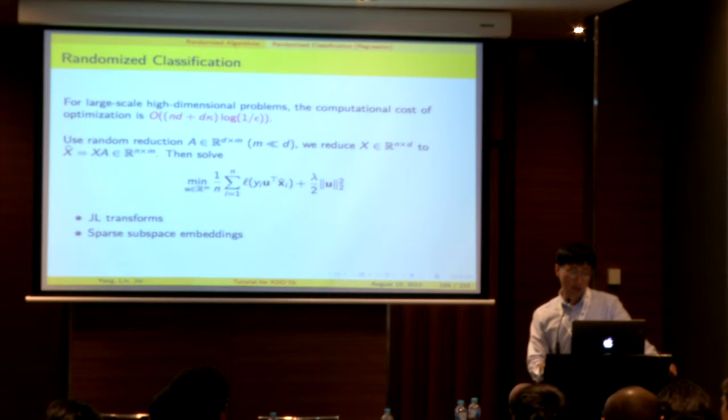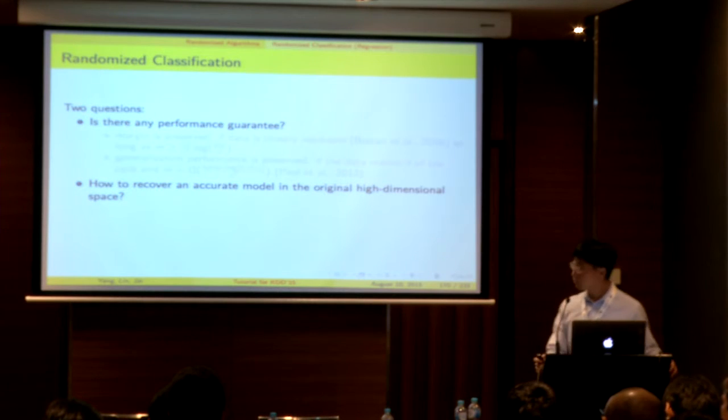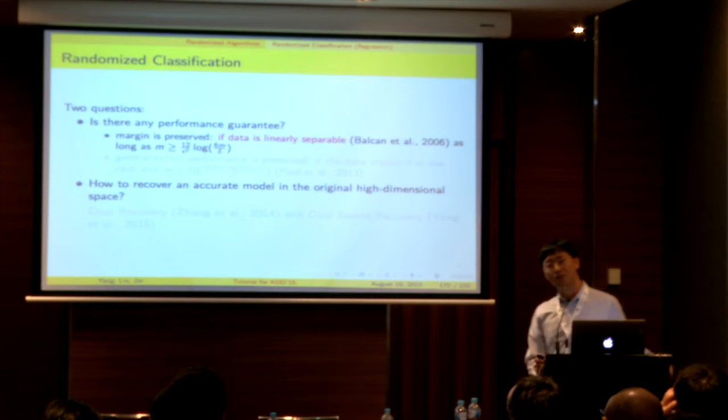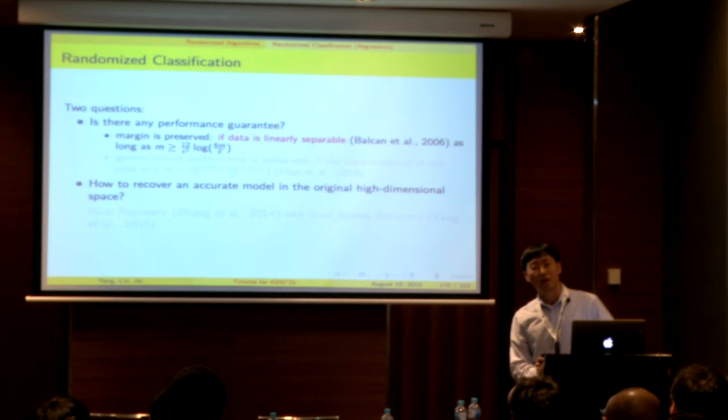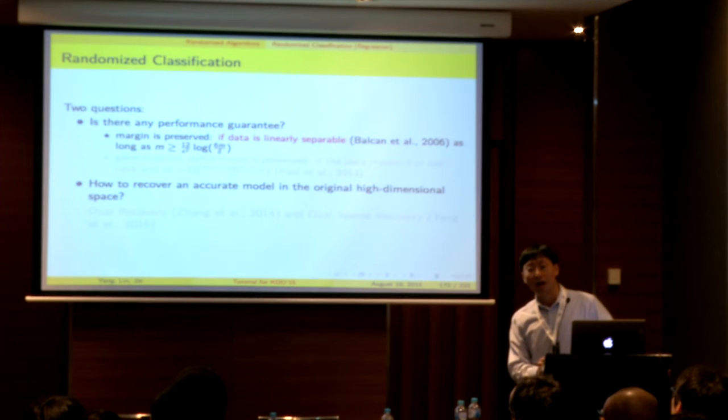But here we also want to talk about some guarantees in theory, and we want to answer two questions. First, the guarantee about the performance. As I said when we talked about the JL lemma, if we consider a two-class classification problem and the original data are linearly separable, then it is guaranteed that after the reduction the data are still linearly separable with high probability.